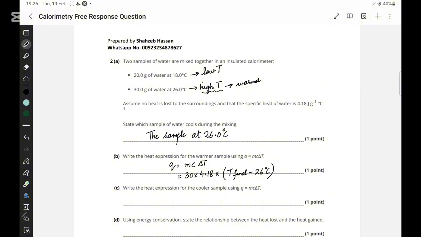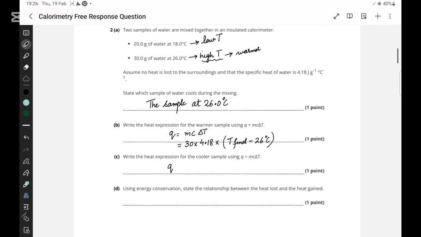Now write the heat expression for the cool sample. For the cool sample, Q is equal to 20 gram, because the cooler one has 20 gram, times 4.18 times T final minus initial temperature, which is 18.